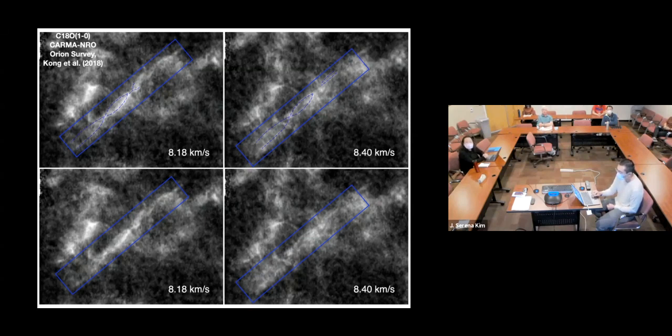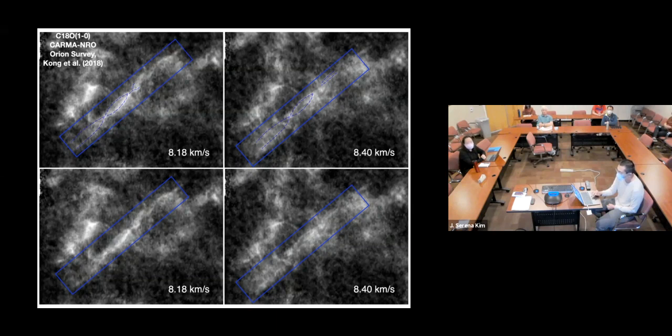And in the channel maps, where it shows the molecular line emission as a function of the velocity, we noticed there are two special channels where you see this tiny, fiber-like structure forming these ring or fork-like structures.